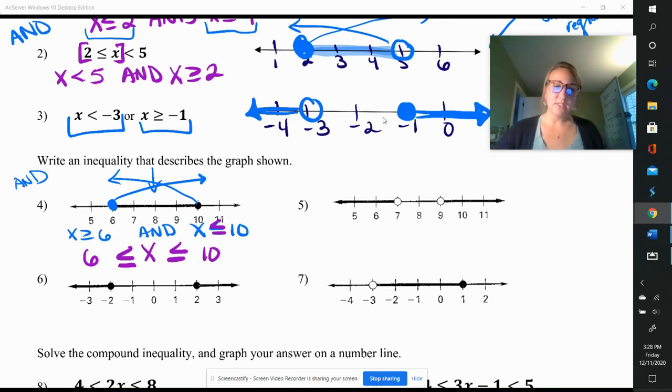For and inequalities, the inequality symbols will always be facing in the same direction. We'll always have one less than and one greater than. This one here is less than or equal to, and this one is greater than or equal to. It's just weird because the variable is on the right.